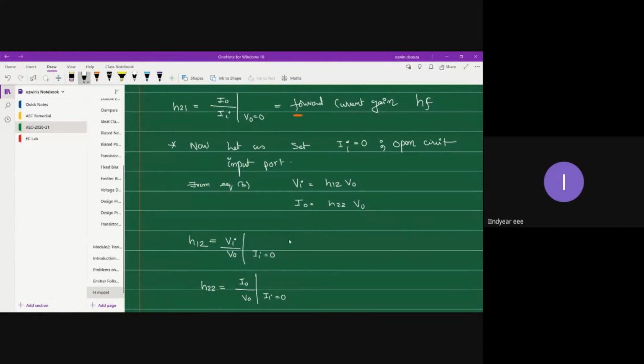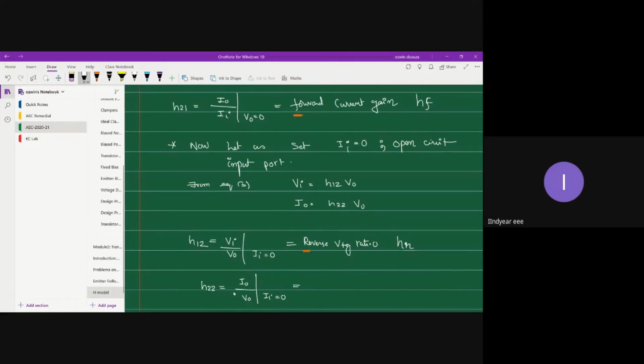That's the reason this particular voltage ratio is called the reverse voltage ratio. Since the term reverse is coming into the picture, this hybrid parameter is taken as HR. So R for reverse.